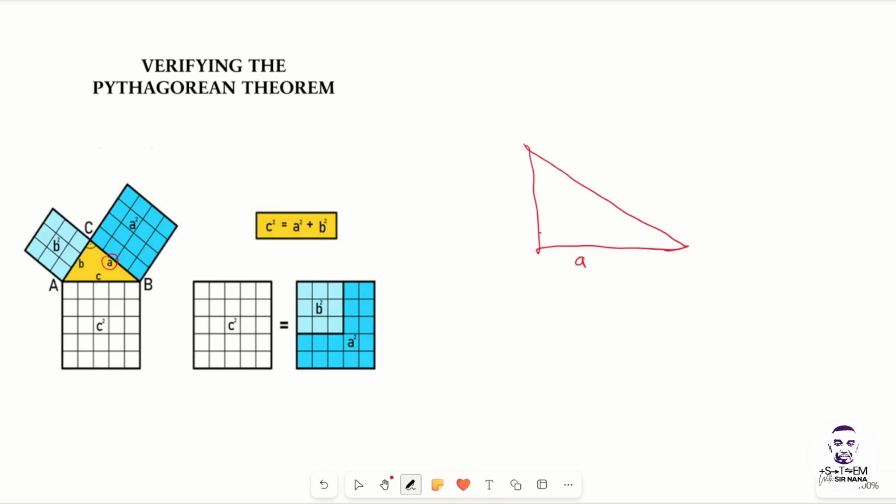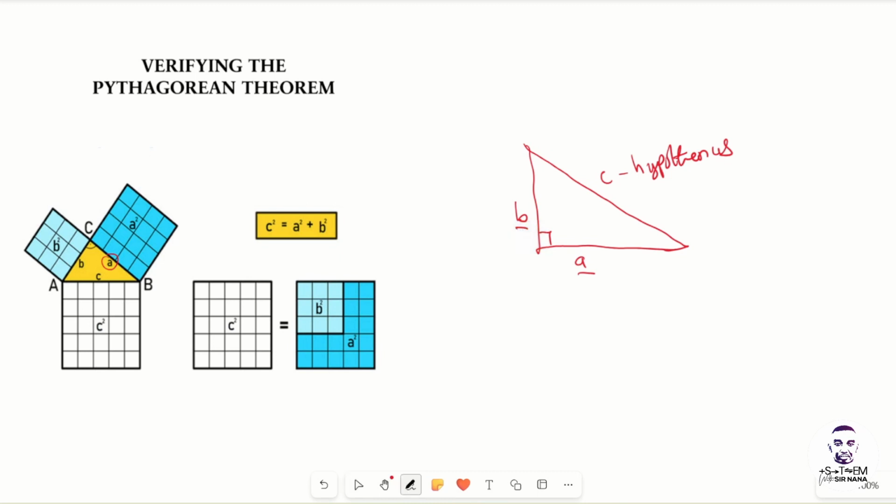We have our 90 degrees here, and on the other side we have our B, and that side also has a square. Then on the longest side, the hypotenuse, we have our C. So C represents the hypotenuse, the longest side, and A and B represent the other two sides of the right angle triangle.